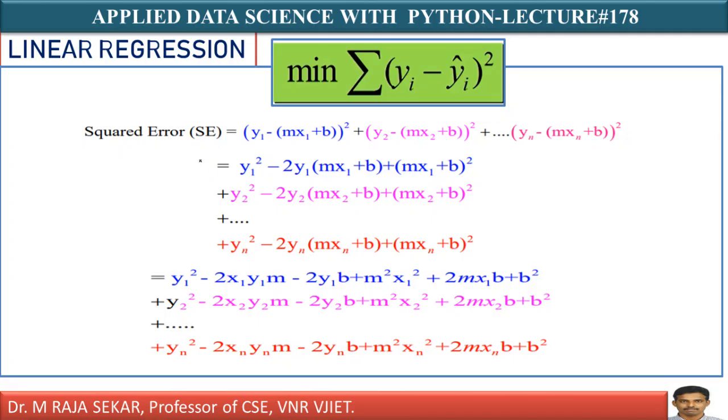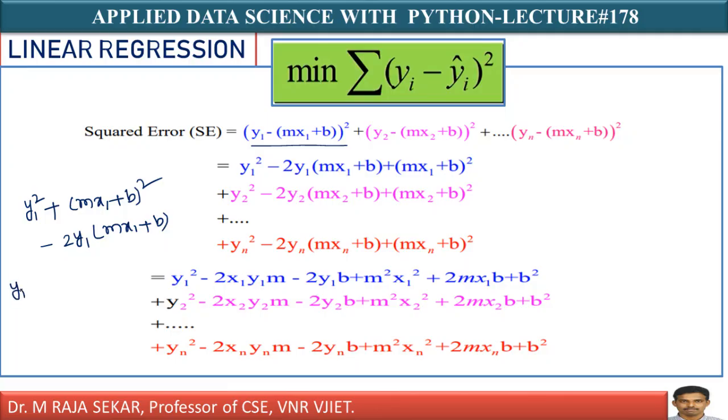How can I find it? Just try to recall our elementary class mathematics. This is something like a minus b whole square. How can I find a minus b whole square? It is a square plus b square minus 2ab, isn't it?